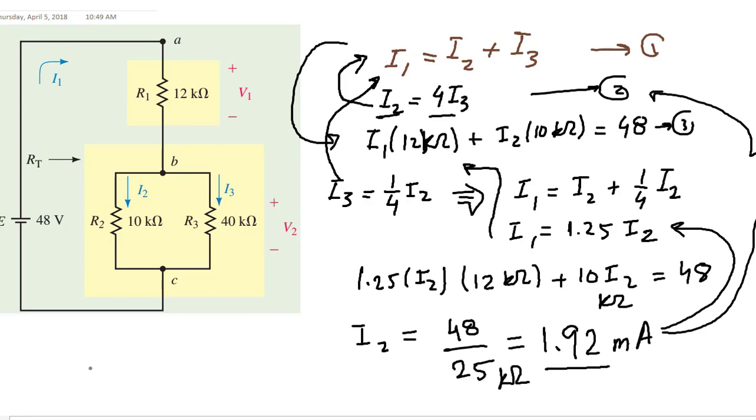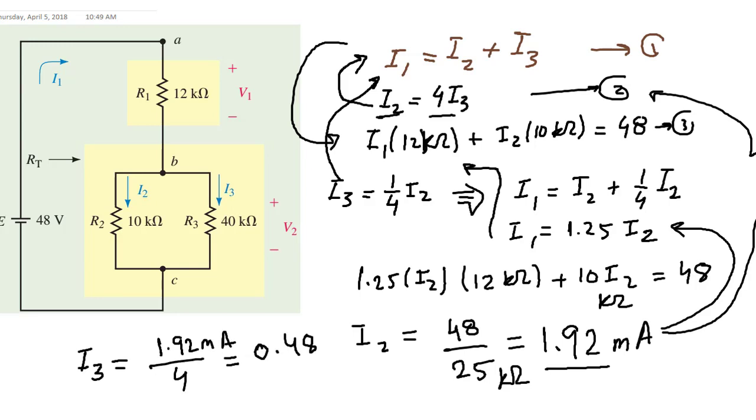So from there, I3 is 1/4 of I2, so we divide 1.92 milliamps over 4. And that means that I1 equals the total of these two currents, I2 and I3.